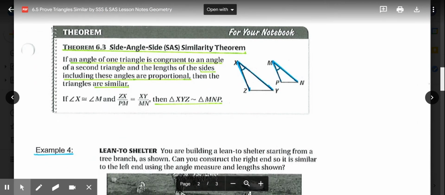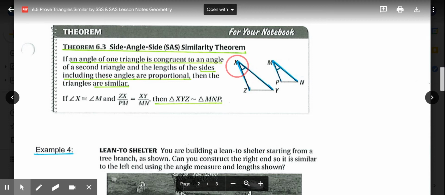And then our other theorem, theorem 6.3, the side angle side similarity theorem. This theorem states, if an angle of one triangle is congruent to an angle of a second triangle, and the lengths of the sides including these angles are proportional, then the triangles are similar.